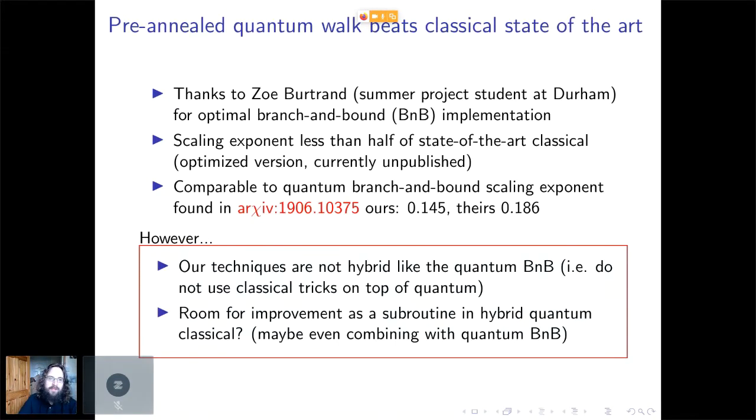But the point is, that's a very tricky hybrid algorithm. What I mean by hybrid algorithm is it's using classical tricks on top of quantum. Whereas what we've done here is just pre-annealing. It's just a quantum walk where you've annealed to start out with to remove some energy.